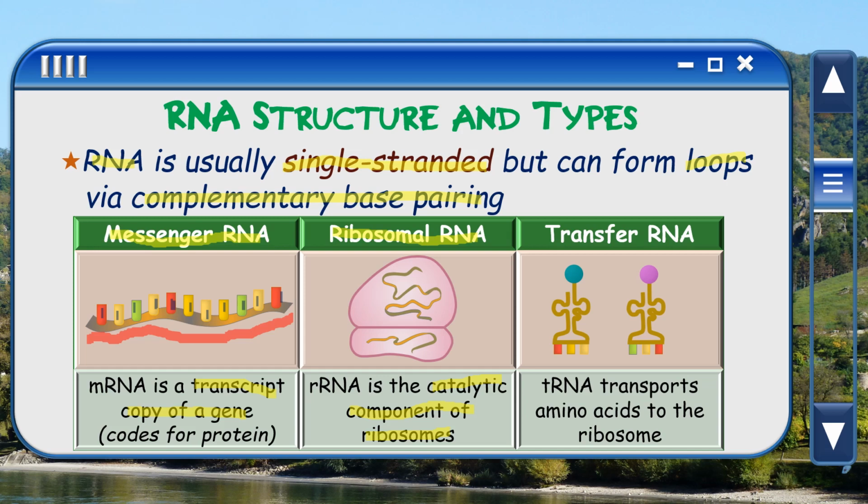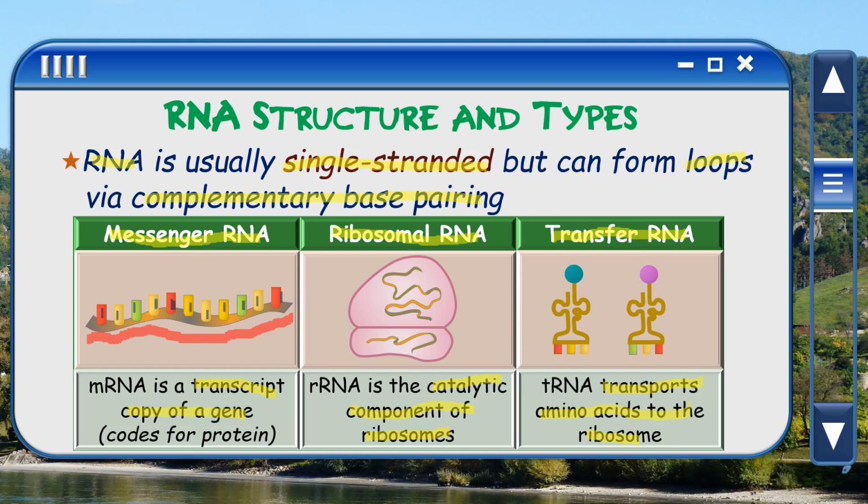Then the third type of RNA is transfer RNA, which transports amino acids to the ribosome when proteins are going to be formed. So those are the three types of RNA: messenger RNA, ribosomal RNA, and transfer RNA.